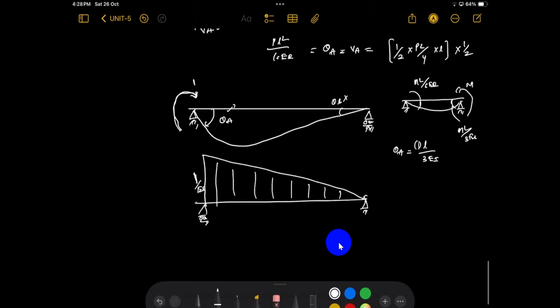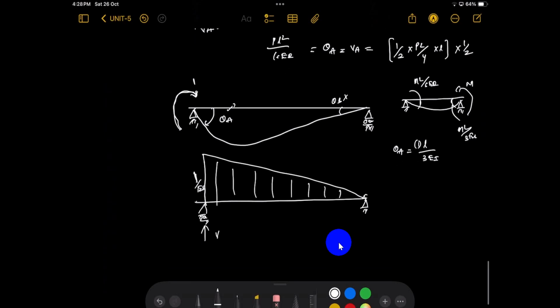So if you want the rotation, you just find the reaction, that's theta A. What is that value? The total load is 1 by EI times L multiplied by half. How is it distributed between VA and VB? VA gets the larger portion, VB gets the smaller portion.